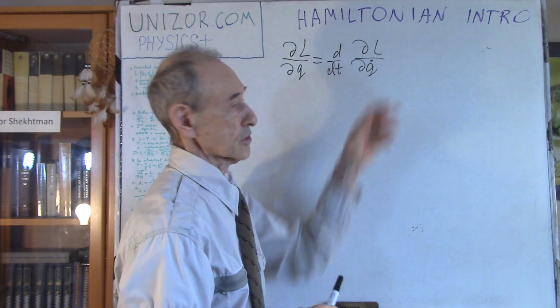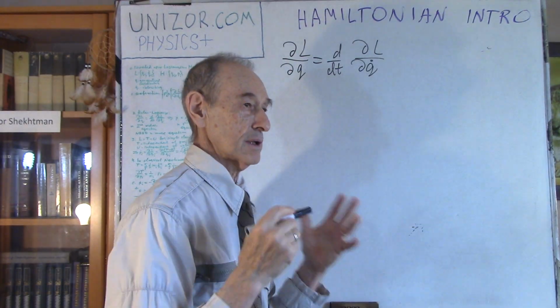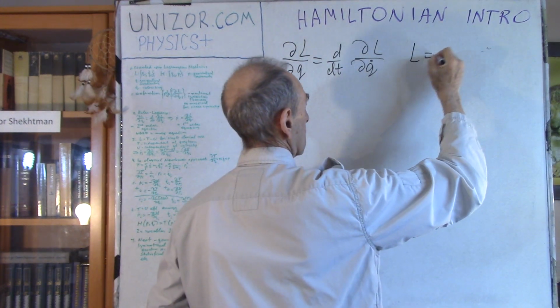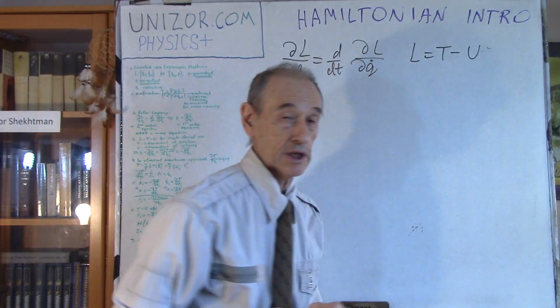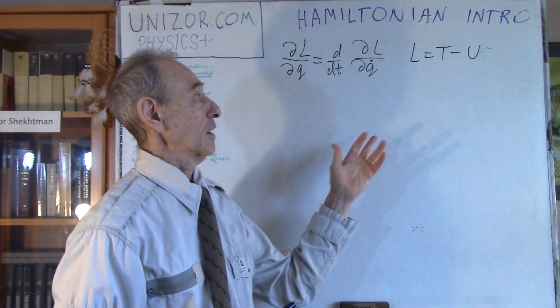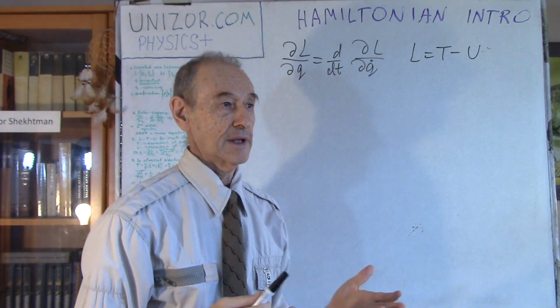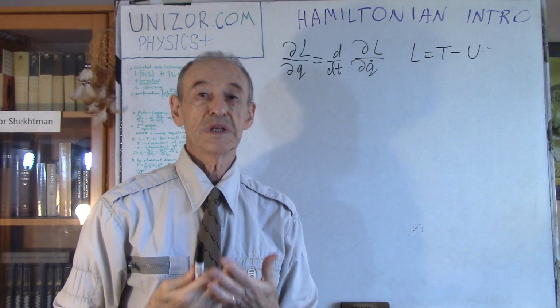Now, what is Lagrangian? Well, in relatively simple classical cases, Lagrangian is the difference between kinetic and potential energy. Now, this difference is Lagrangian, but what's the physical meaning of this?